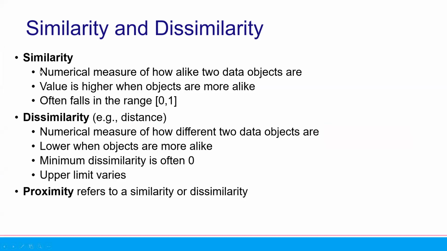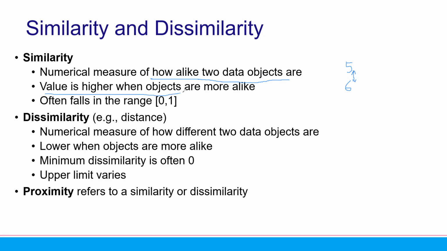We call it similarity because we have a numerical measure and we want to see how alike two data objects are. So if I have 5 and 6, I want to know how alike these two data are.